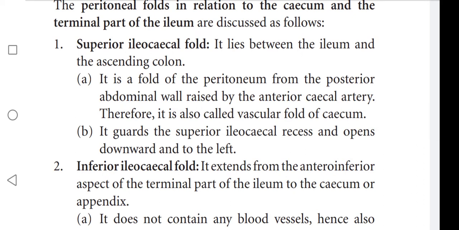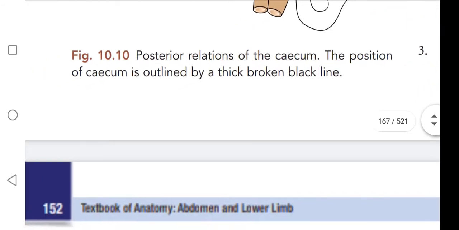It is a fold of peritoneum from the posterior abdominal wall raised by the anterior cecal artery. Therefore, it is called the vascular fold of cecum. It guards the superior ileocecal recess and opens downward and to the left.